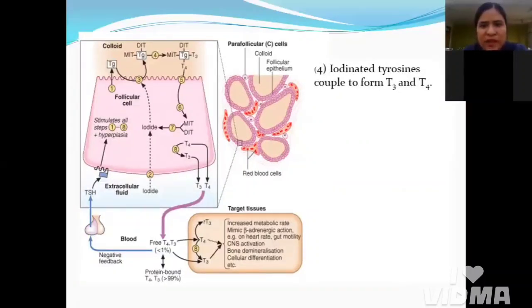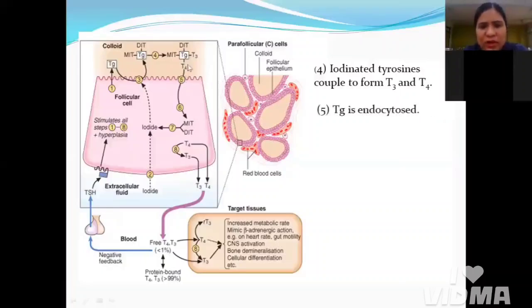These iodinated tyrosines, these mono and diiodotyrosine will couple to form T3 and T4. When one MIT and one DIT will couple, they will form T3. And when two DIT will couple together, they will form T4. Okay. So these iodinated tyrosines on the surface of thyroglobulin Tg will form T3 and T4.